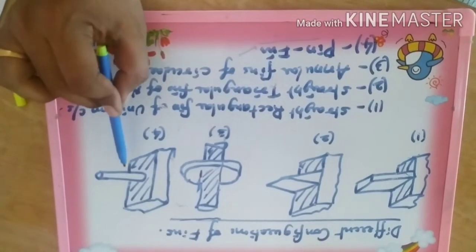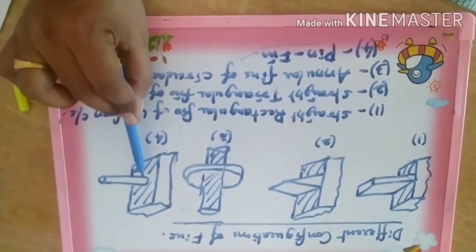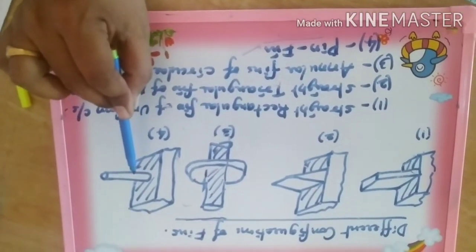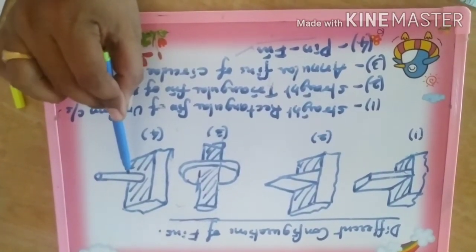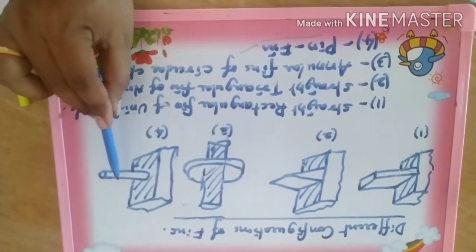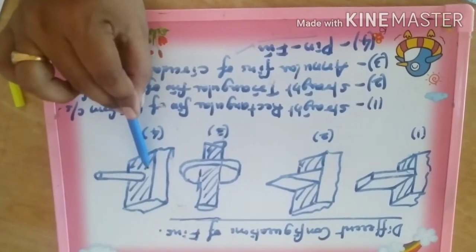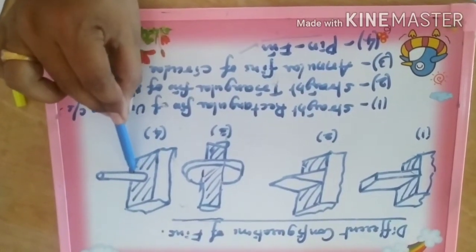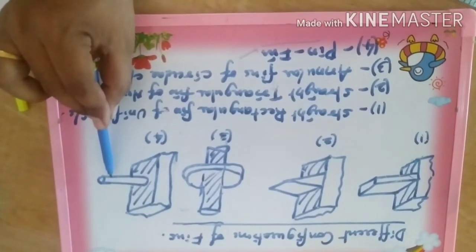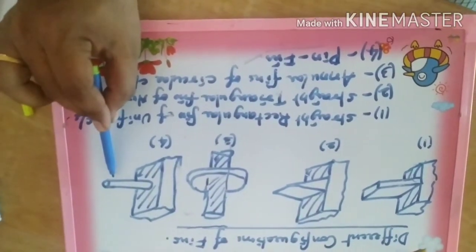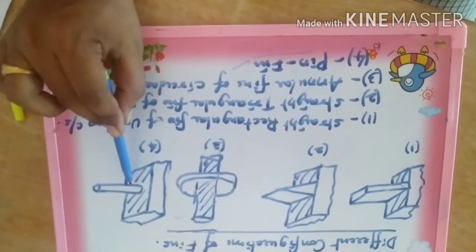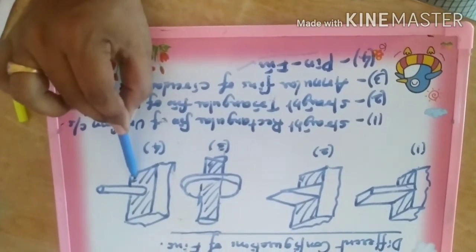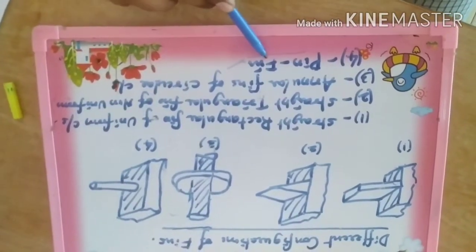I repeat again, this pin fin is an extended surface where the fin is of cylindrical shape, attached to the base surface. Again, see this is uniform cross section. So a cylindrical shape of uniform cross section attached over the base surface. Such types of configurations are called pin fins.